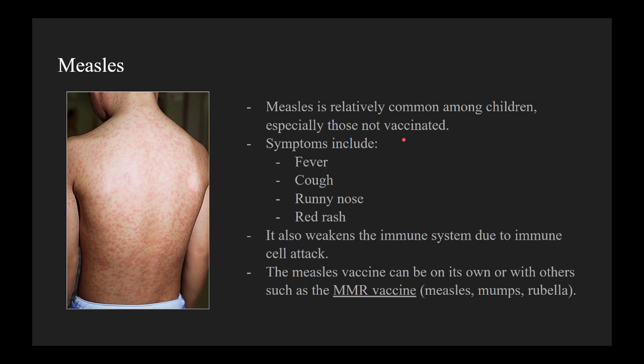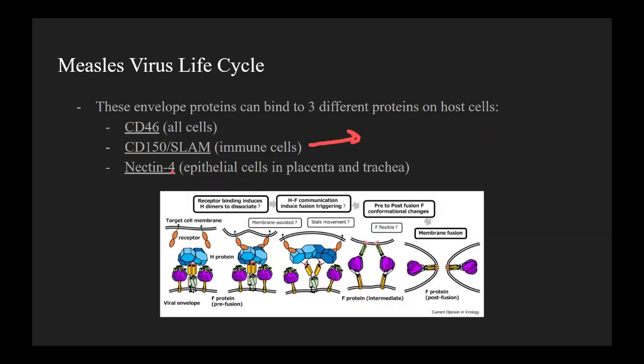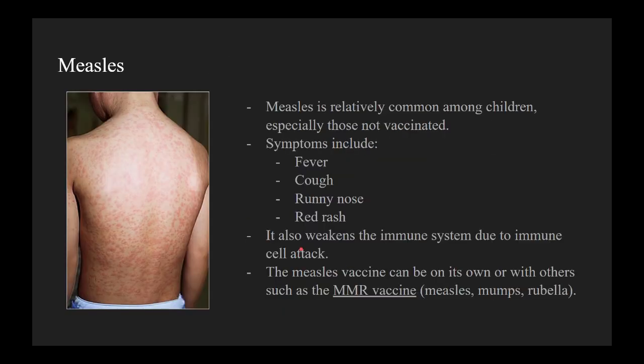It's just getting vaccinated, getting the measles vaccine. So symptoms include fever, cough, runny nose, and then the most standout symptom here is the red rash, the classic red rash that you see here. And of course, it binds to that CD150 and affects immune cells, which means that it'll also weaken the immune system to some degree.